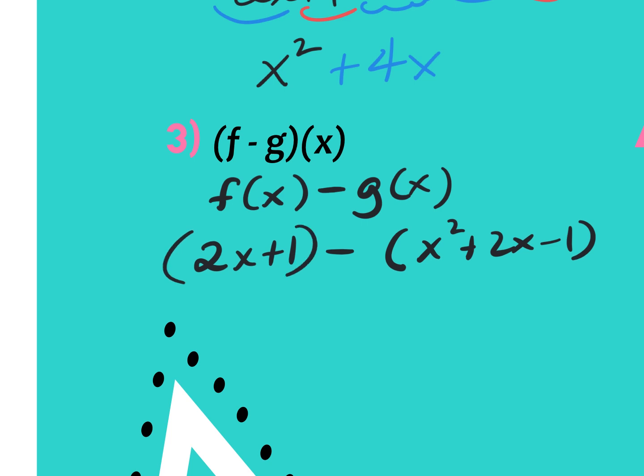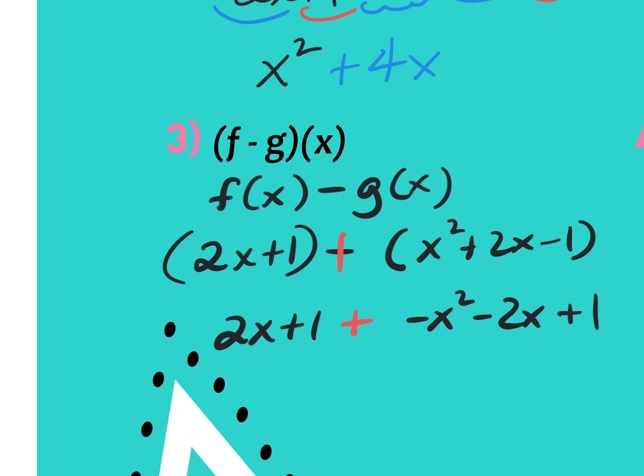I'm going to keep my f of x function the same. I'm going to change this subtraction sign to an addition sign, and then I'm going to flip, or change, all the signs in my second function, my g of x, to all opposite signs. So I'm going to change it to a negative x squared, a negative 2x, and then a positive 1.